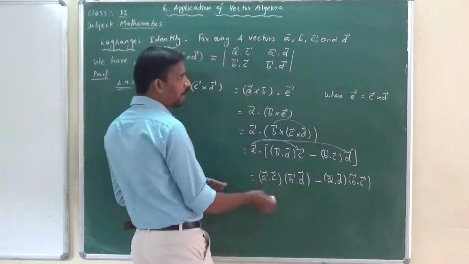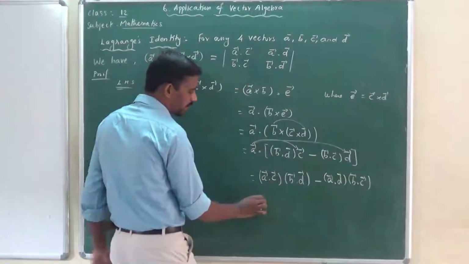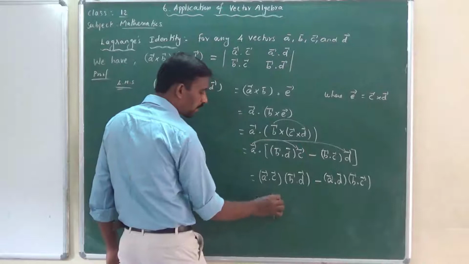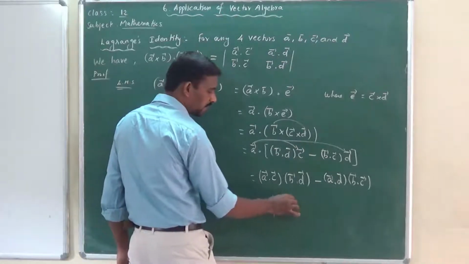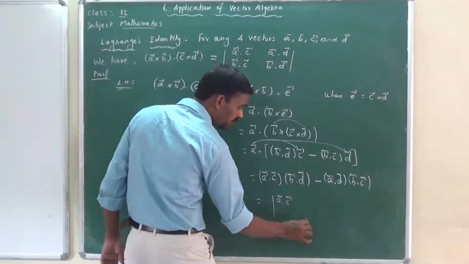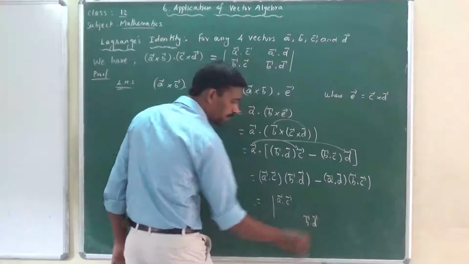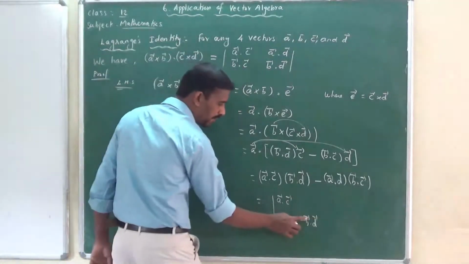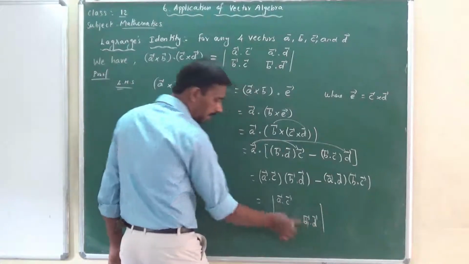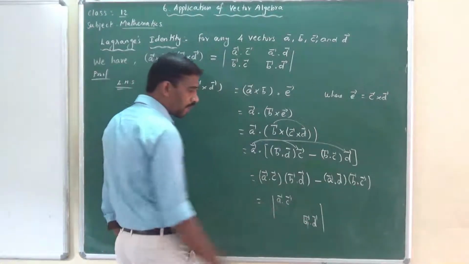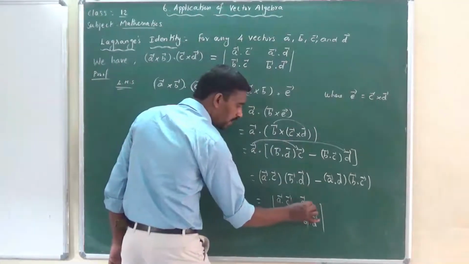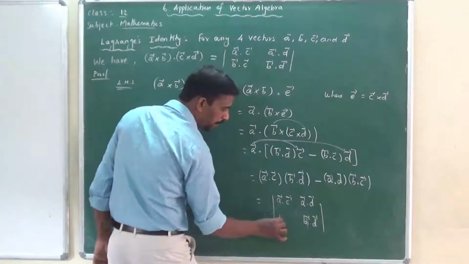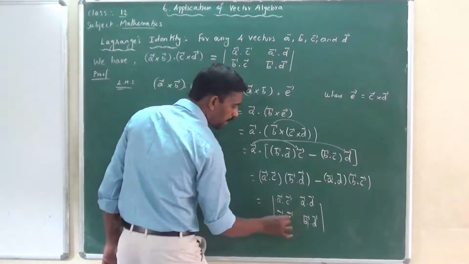Now I can apply the determinant value here. This is nothing but the determinant of A vector dot C vector, and this one is B vector dot D vector. So in the cross multiplication of the determinant, we get A dot C into B dot D, minus A vector dot D vector into B vector dot C vector.